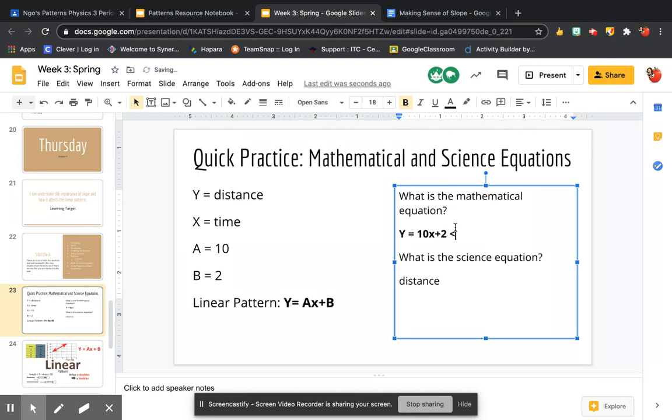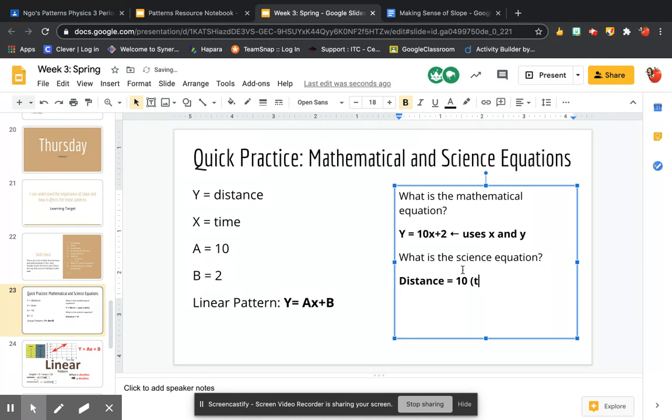So remember that the math equation uses x and y. So all I did was I got rid of a and b. And now when I move towards the science equation, I'm going to get rid of the x and the y, and I'm going to use the variables. So y is distance, and then the 10 is going to be carried down from up here down here.